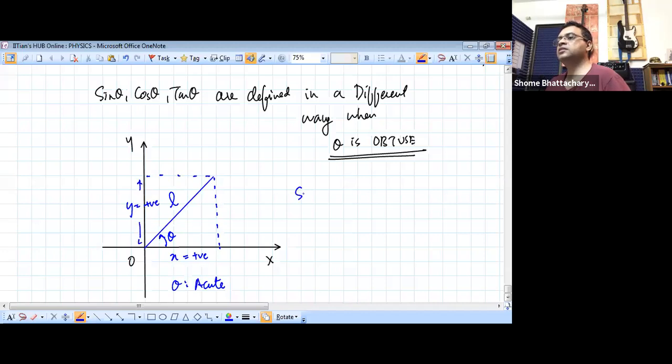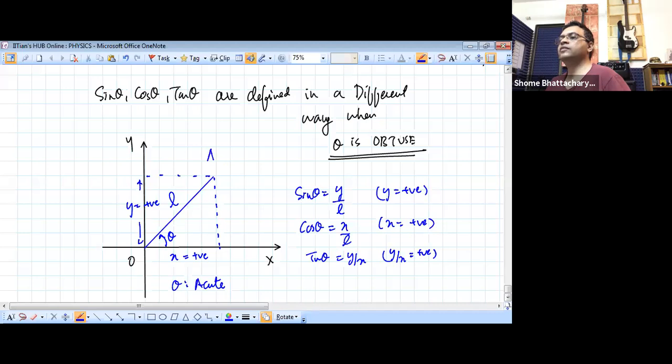And sine theta becomes y upon L. So y is positive, remember. So sine theta is positive. Cos theta is x upon L. So x is positive. And tan theta is y by x. So that is also positive. Y by x is positive. So that is why you have A in first quadrant. In quadrant 1, sine, cos, tan, all of them are positive.